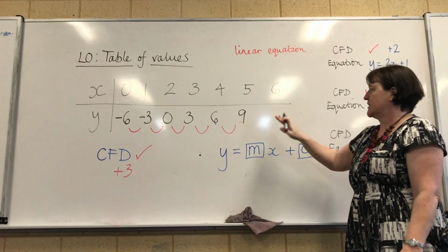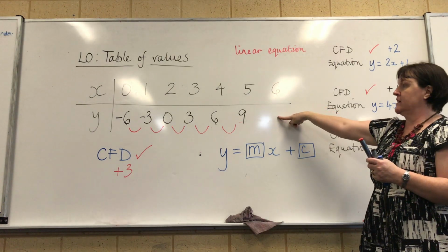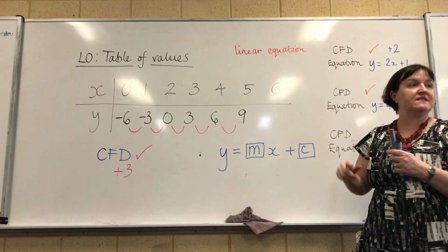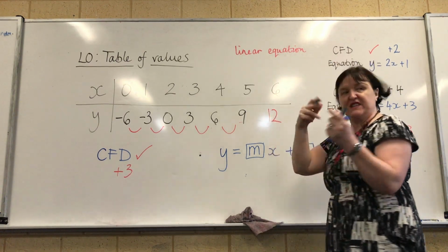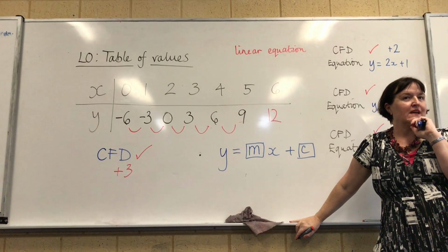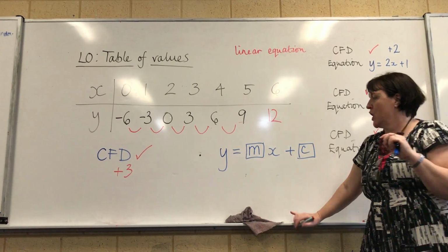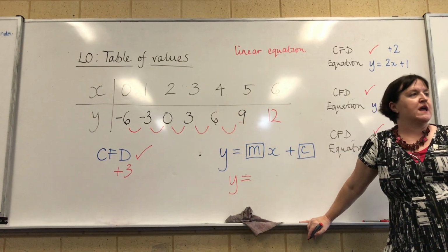Okay. Right then. Can anyone tell me what the value would be in the y coordinate when x is 6? 12. Well done. Because obviously it's just going up again, isn't it? Now then, can anyone work out what the function is? Y equals what?